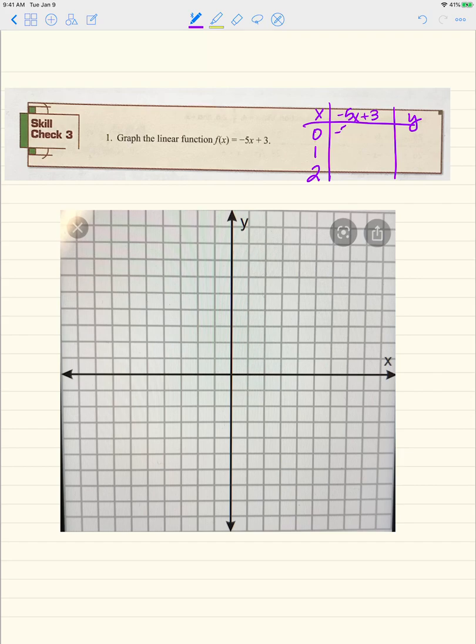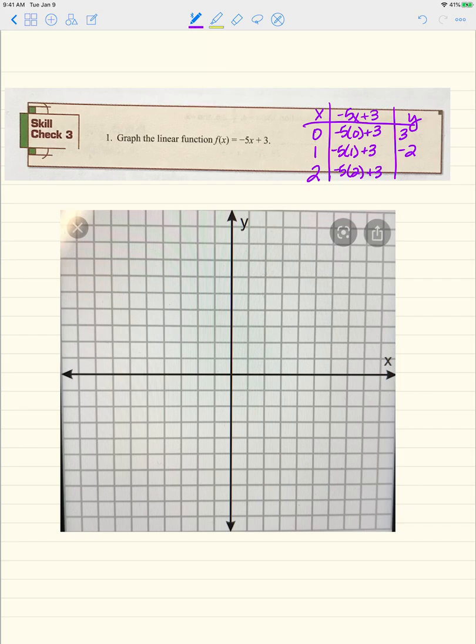Okay, but negative 5 times 0 plus 3. Negative 5 times 0 is 0. 0 plus 3 is 3. Negative 5 times 1 plus 3. Negative 5 times 1 is negative 5. Negative 5 plus 3 is negative 2. Negative 5 times 2 plus 3.